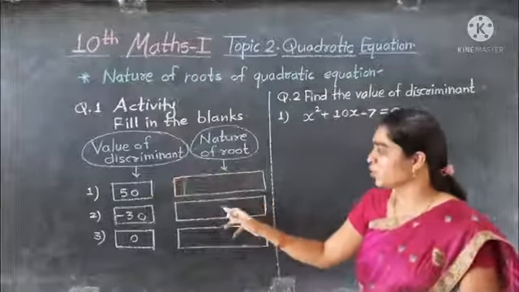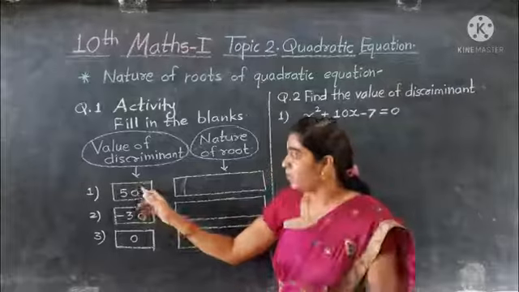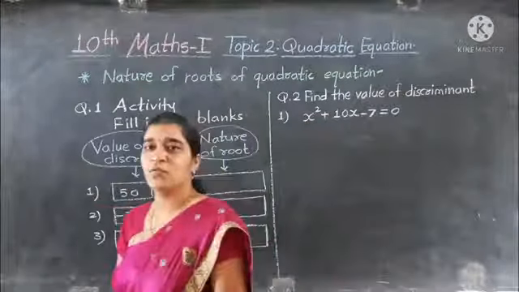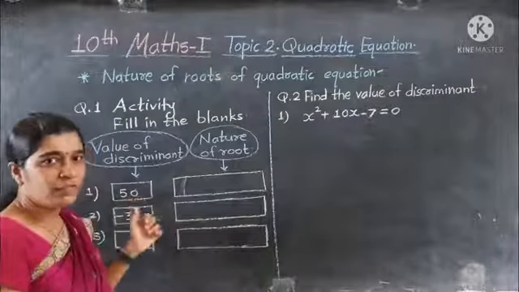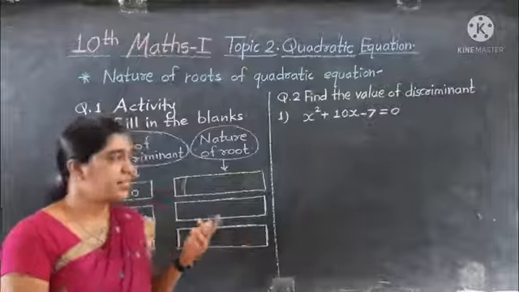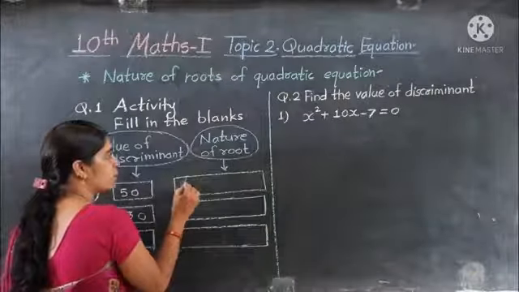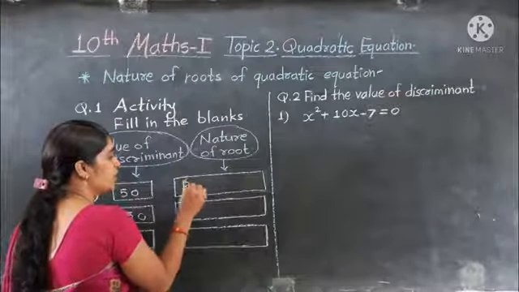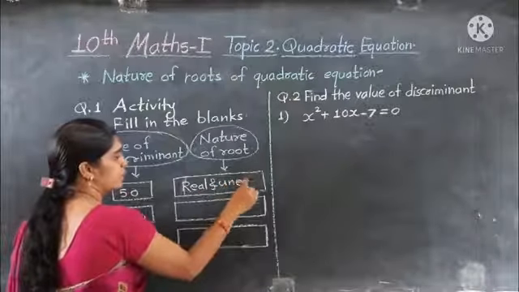And we have to find the nature of roots. Here the value of discriminant is given as 50, means b square minus 4ac is 50. It is greater than 0. 50 means positive. Therefore the roots are real and unequal.